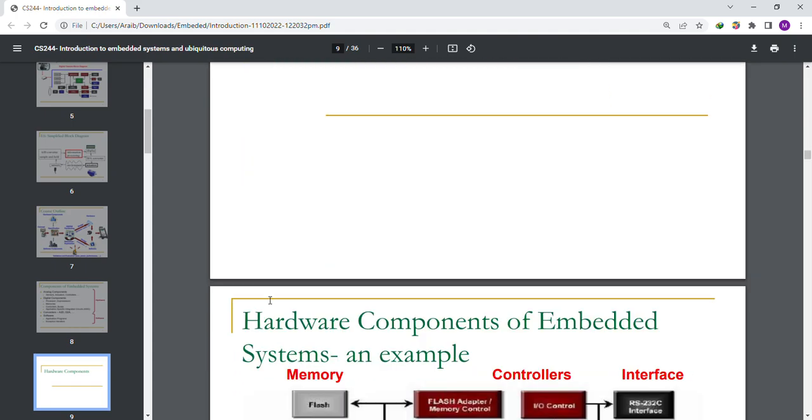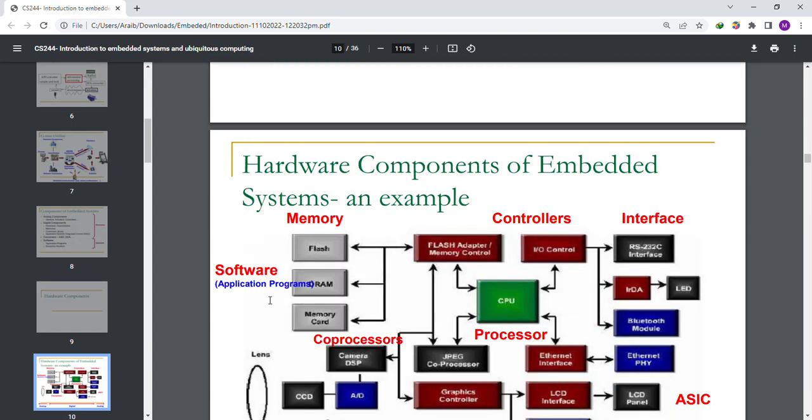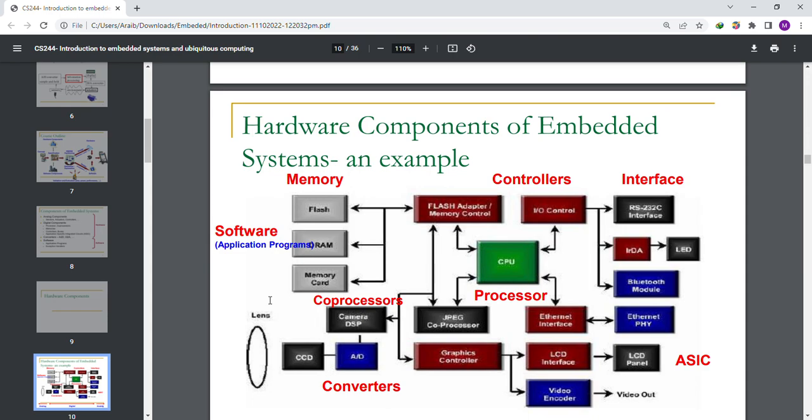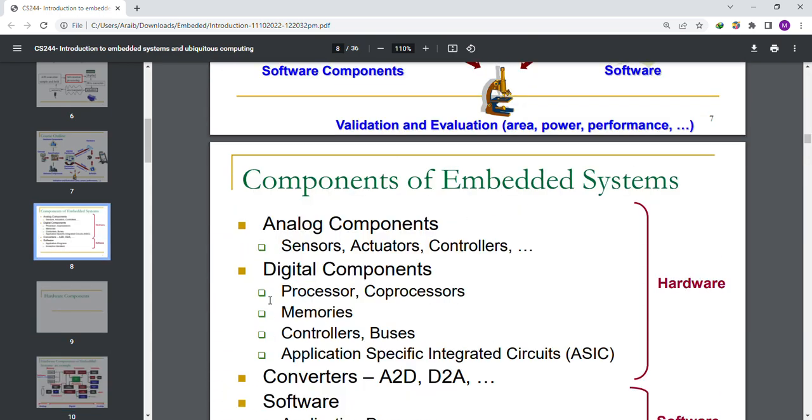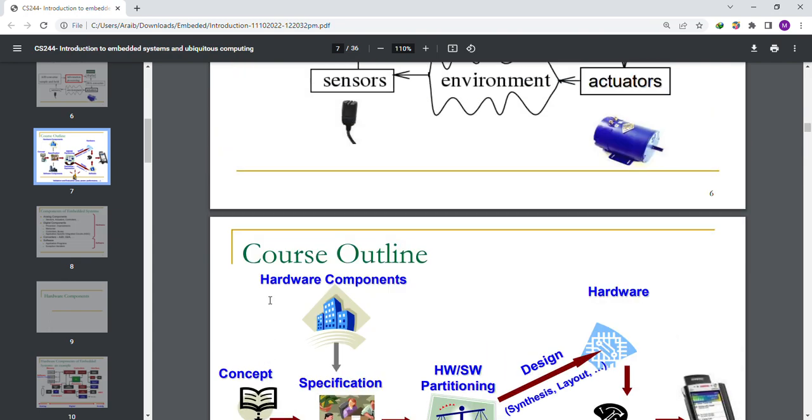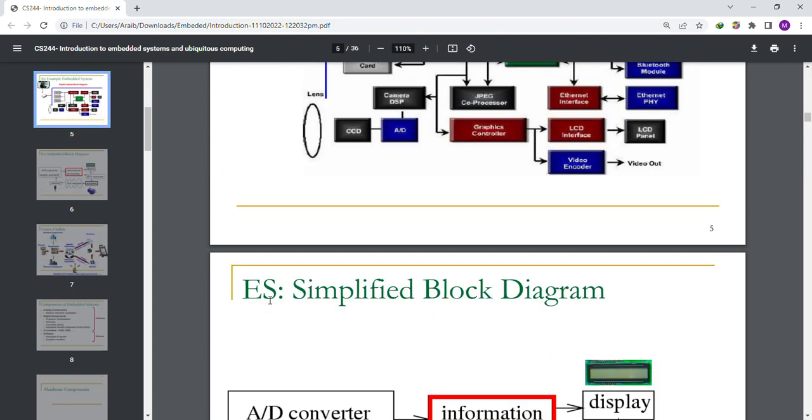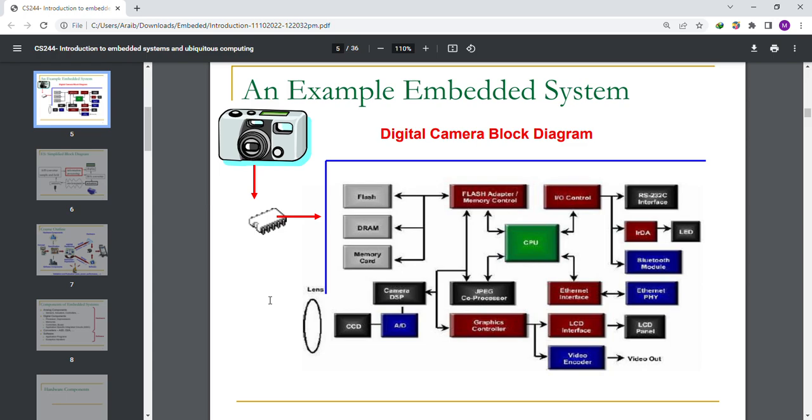Hardware components, which are the hardware components of an embedded system. An example, basically this example we also see in slide number 4 and slide number 5, the camera example, which is an embedded system.